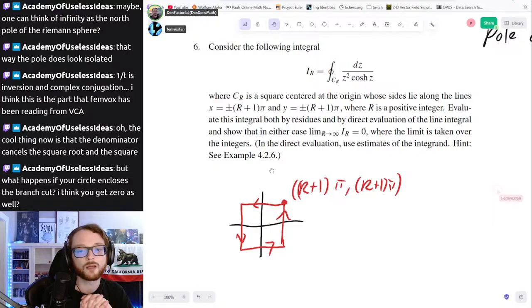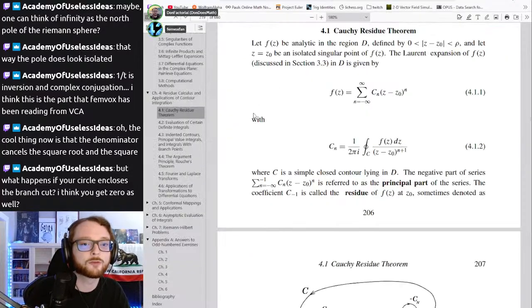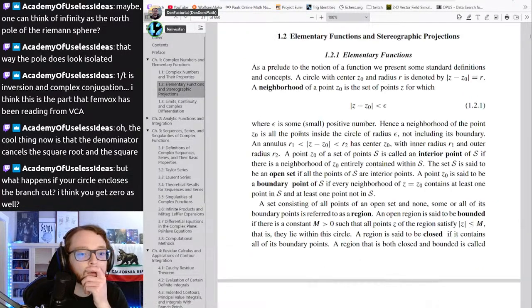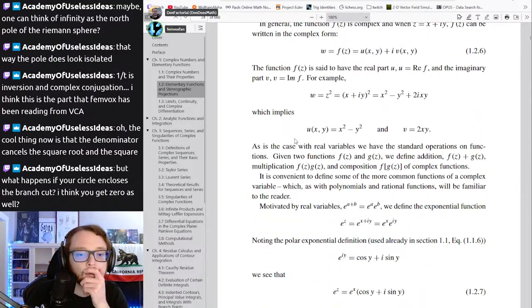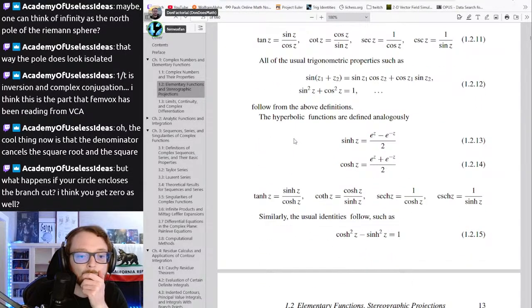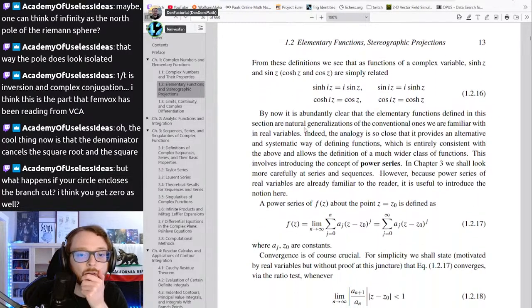Both are residues and by direct evaluation. Actually, we do need to figure that piece out to answer this, I guess. Yeah, I feel like we've got to work out where those zeros are. Okay, so cosh iz is cosine z.